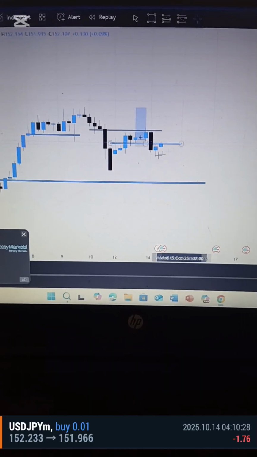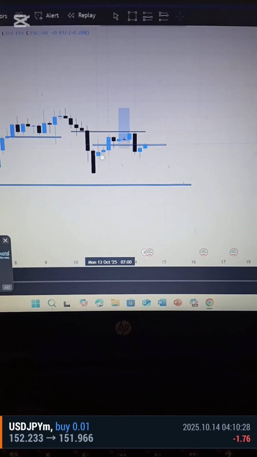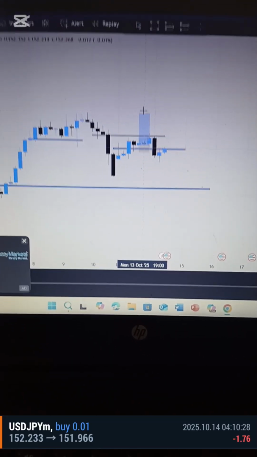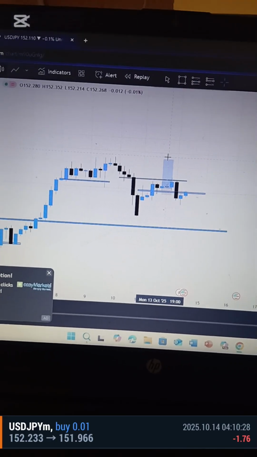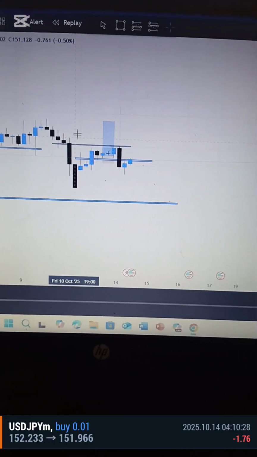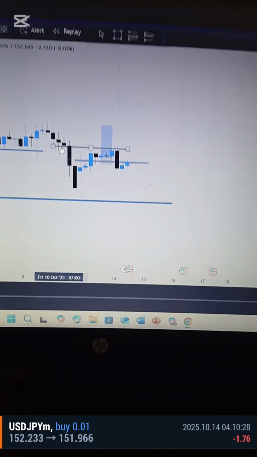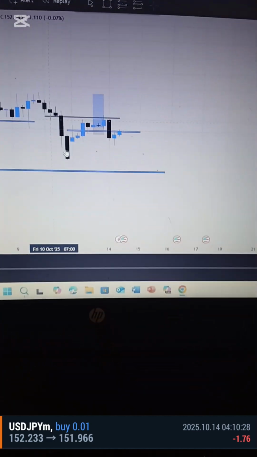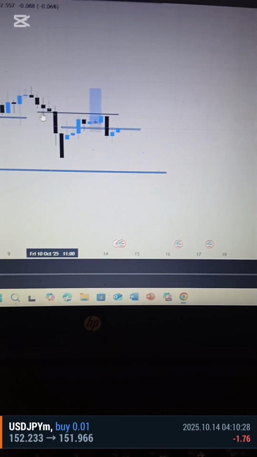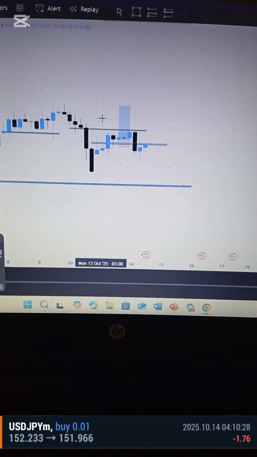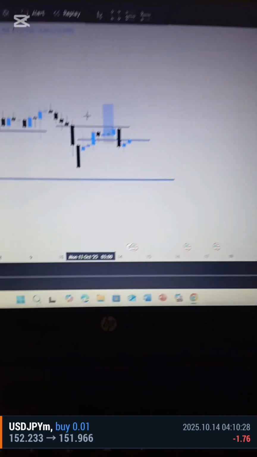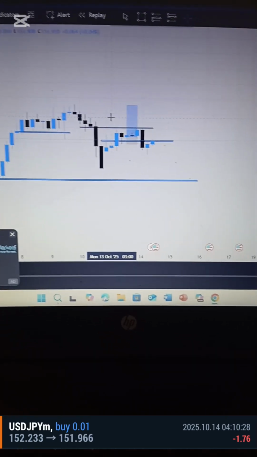I thought maybe it's going up now, and I think I had a little bit of FOMO, so I wanted to take a trade before it's too late. That's what happened, from completely forgetting that we are still in a bearish trend. So I'm still considering selling opportunities, not buying, because buying would be completely against the trend.